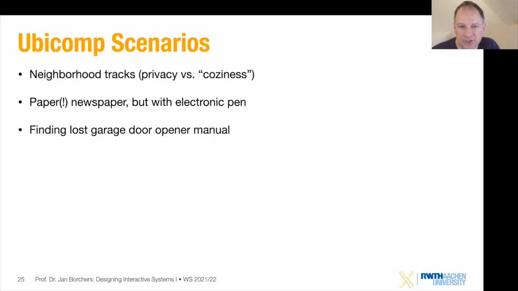Another example is that she's lost the manual to her garage door opener because it needs resetting, and these manuals for little gadgets always disappear, right? What this Ubicomp scenario imagines is that the manual in its written form has a little tag attached to it, a little blip that is trackable, and that will tell her where she left the manual.